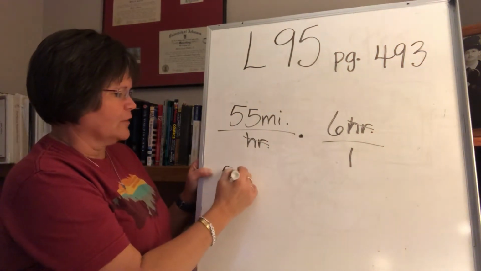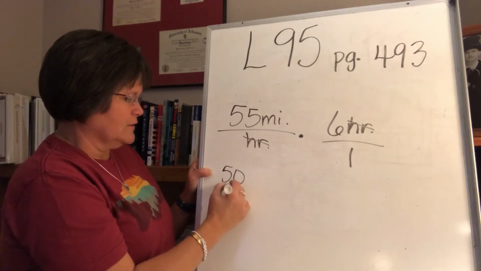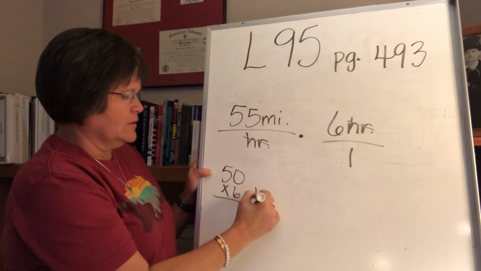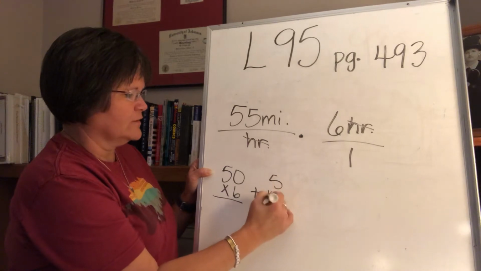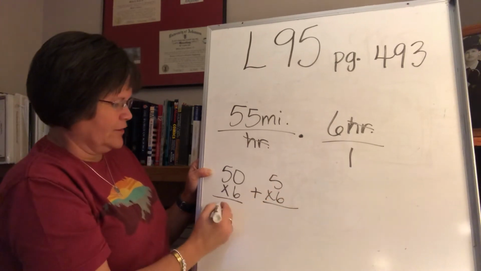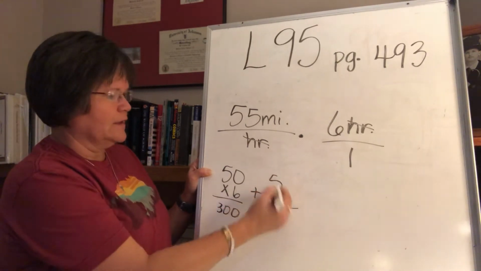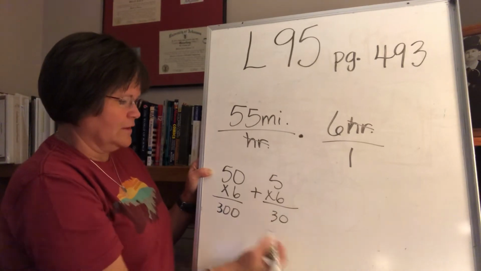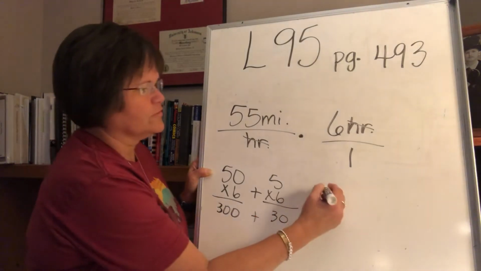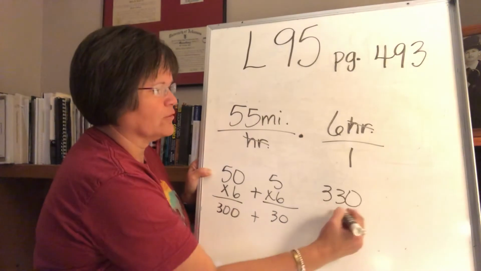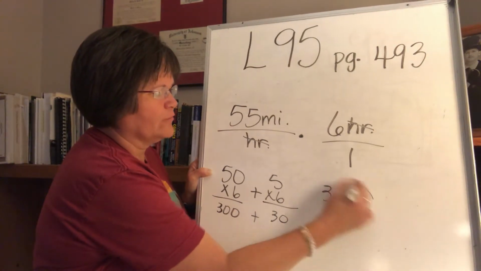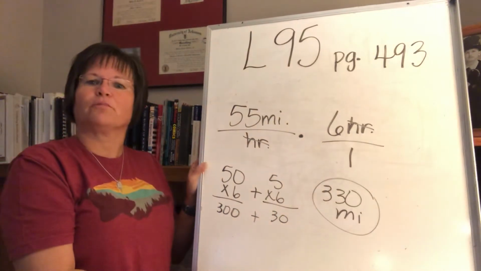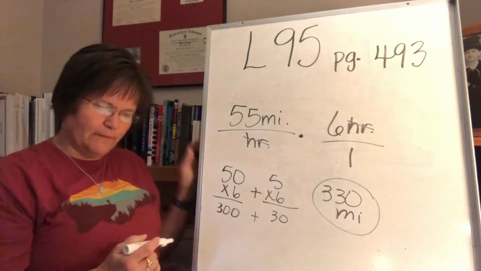Sometimes I like to do it like this: 50 times 6 plus 5 times 6. I know that this is 300, and I know that this is 30, so 300 plus 30 is 330 miles. So the answer to this problem would be 330 miles.